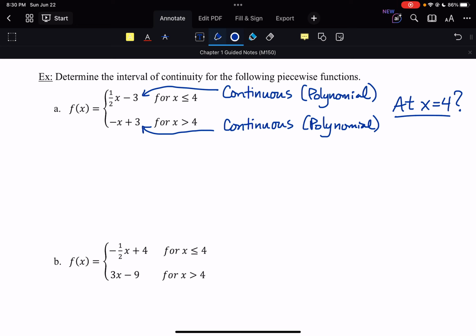Okay, so we'll go ahead and get f of 4. It's included on the first function, right? That's the or equal to sign right there. So we get 1/2 times 4 minus 3, so that's negative 1.